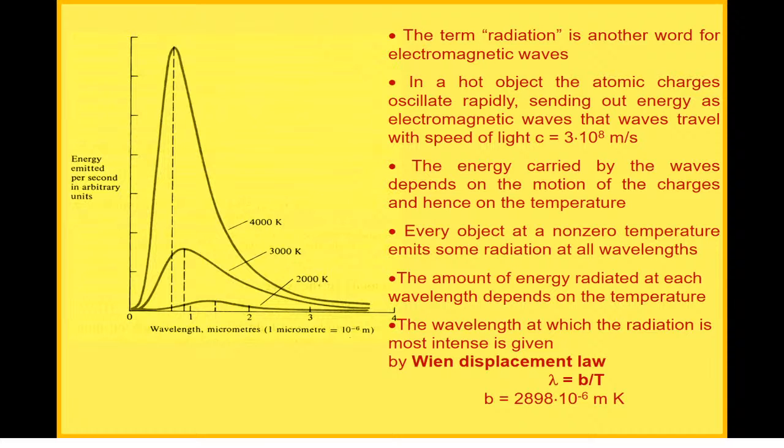The wavelength at which the radiation is most intense is determined by Wien's displacement law. Actually, the electromagnetic energy is of a particular spectrum, but the maximum of this spectrum is at certain wavelengths that are determined by the temperature of the surface.